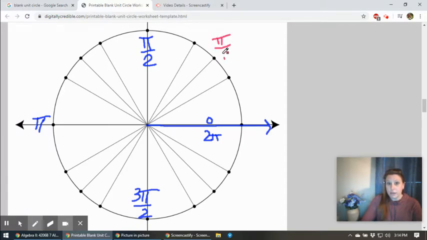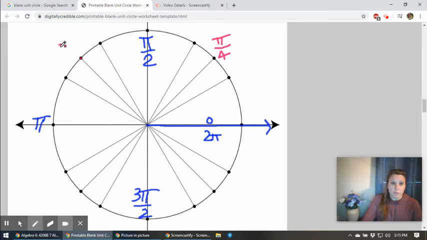So pi over 4. So now I'm basically going to count every one of these little 45 degrees here is 1/4 of pi radian. So if I count by fourths, this is 1/4, then this is 2/4, which reduces to 1/2, right? This is 3/4 here at this point.